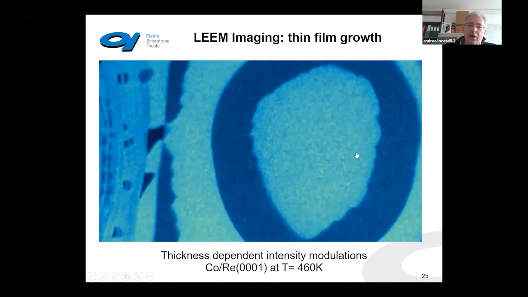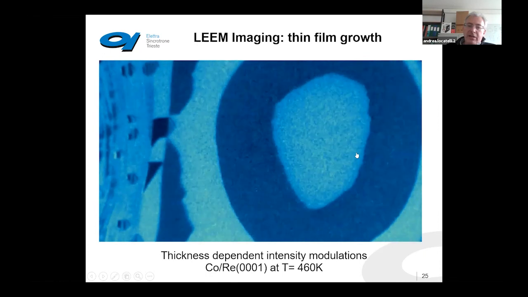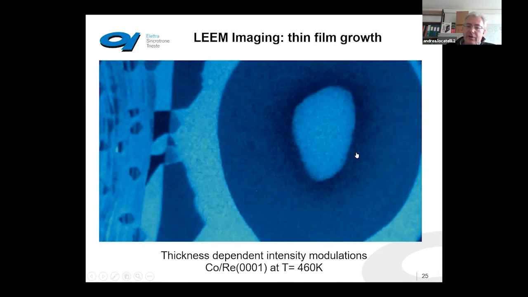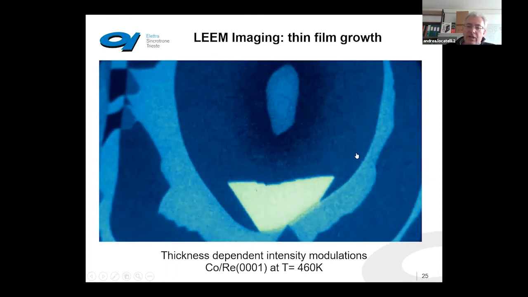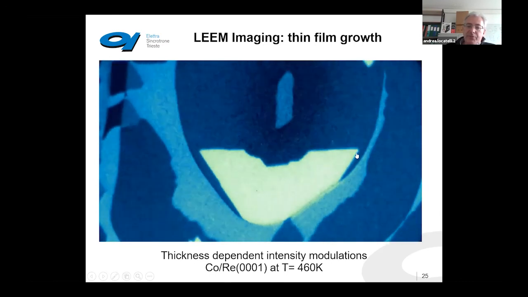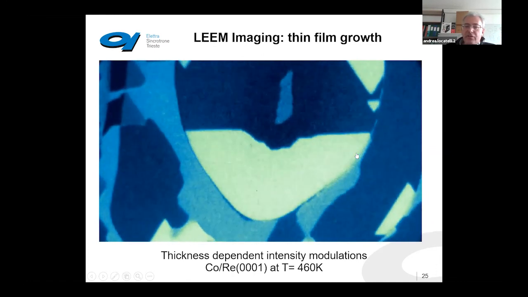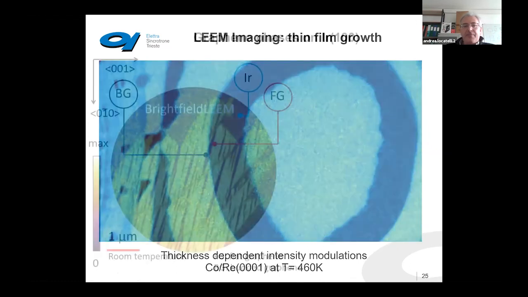And this is the growth of cobalt on rhenium. And you can see that layer by layer, we can follow the evolution of the growth. So in different colors here, you see in blue, 2 layers, in yellow, 3 layers, and so on. So we can very precisely follow the thickness and the structure of a sample, which is then characterized using X-rays.